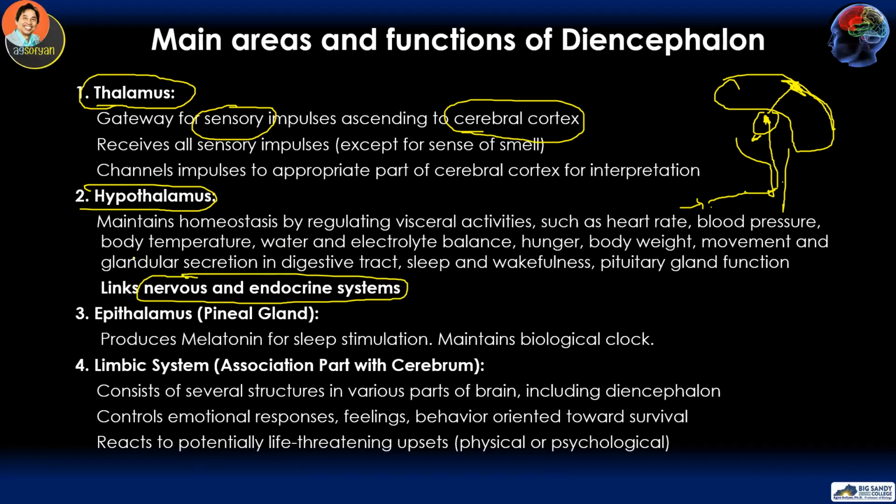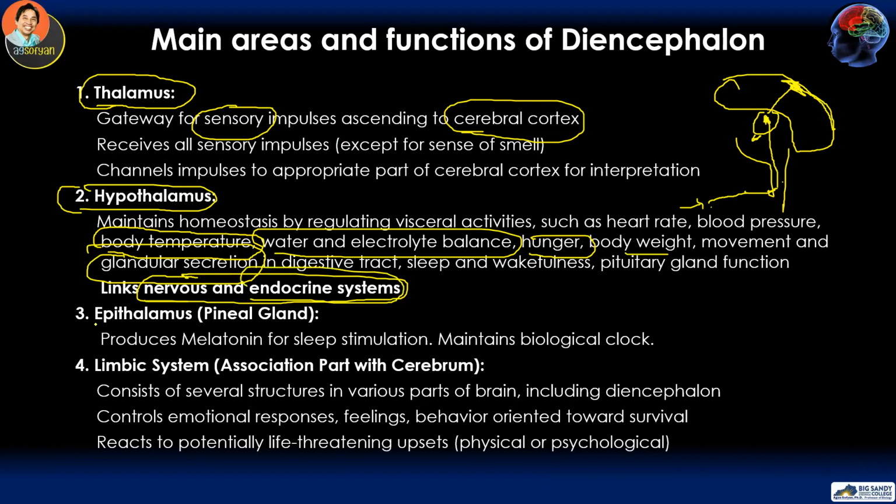It also controls some sensations in our body, like body temperature, water and electrolyte balance, hunger, body weight, and some movement of glands and secretion of hormones. So this is the function of the hypothalamus. Again, the hypothalamus is the center for connection between the nervous system and the endocrine system.